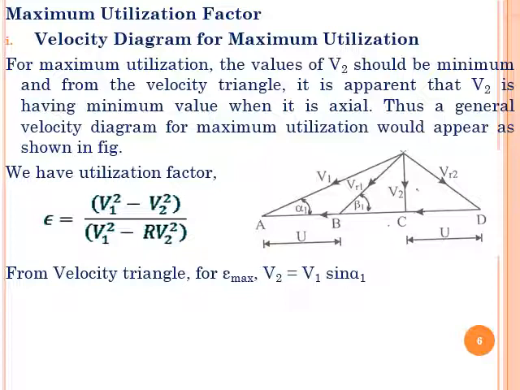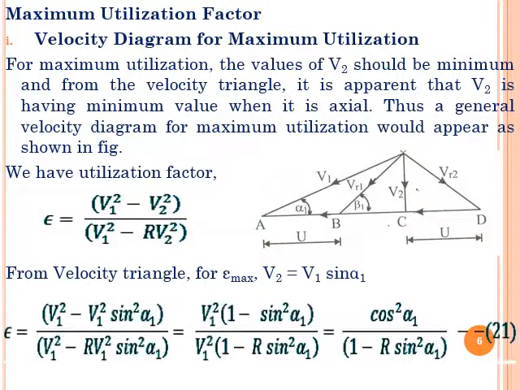Now substitute this value of V2 in the utilization factor expression. That is V1 square minus V1 square sin square alpha 1, and the denominator V1 square minus R V1 square sin square alpha 1.